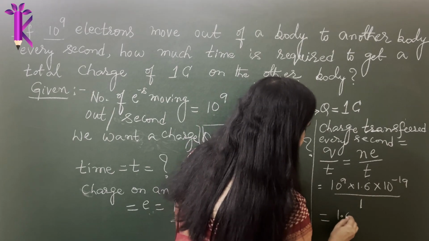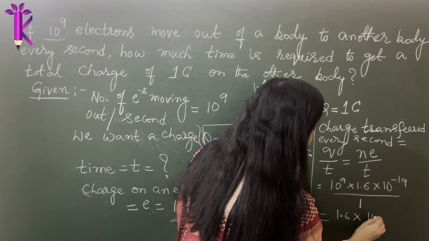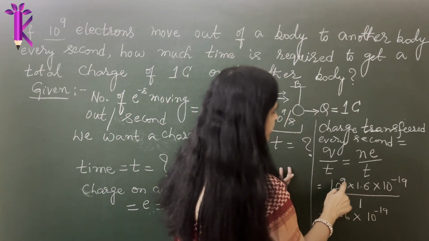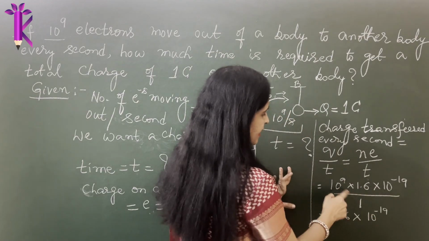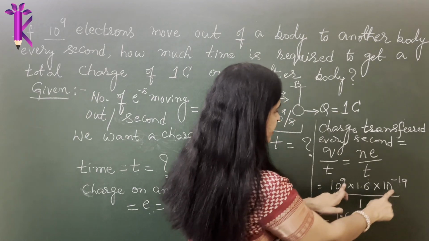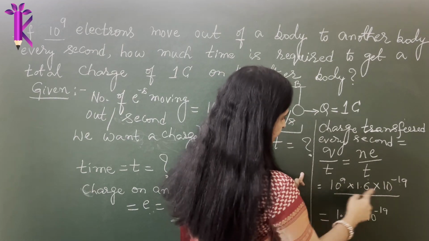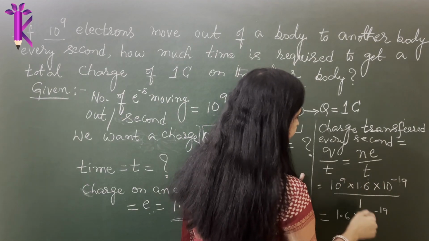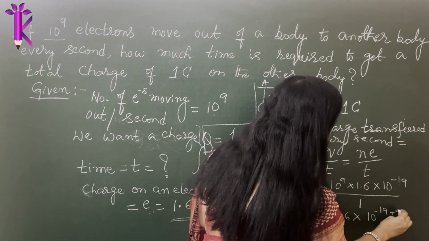Let's keep 1.6 as it is. Now 10 to the power of minus 19 into 10 to the power of 9. What are the bases? 10 is the base and these are called the indices or the powers. The bases are the same, so you can add the indices: minus 19 plus 9.